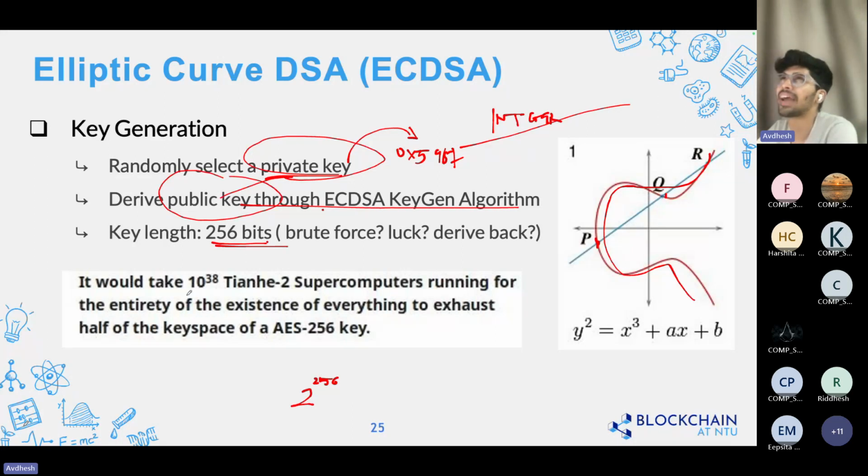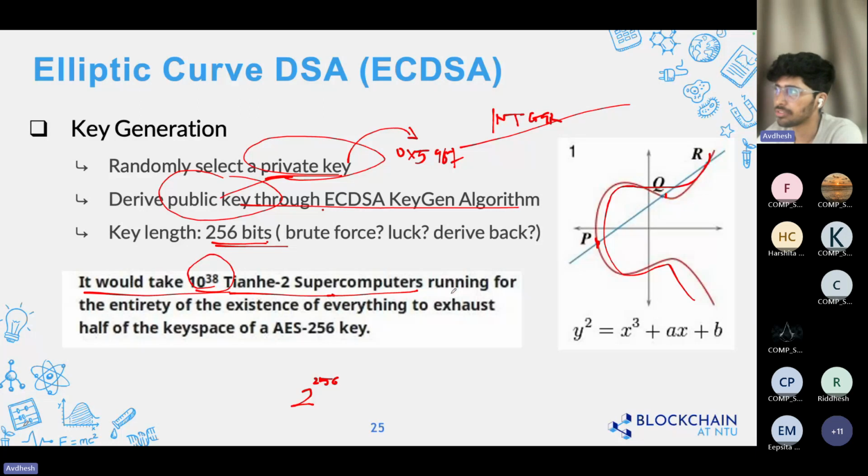And back in, I think, 2018 or 2019, some guy in a Reddit post that I read said that it would take 10 to the power of 38 Tianhe-2 supercomputers, which was the fastest computer back then, I think a Chinese supercomputer.